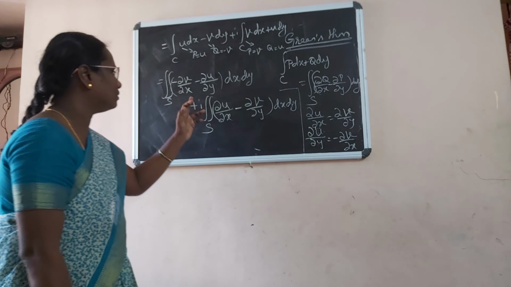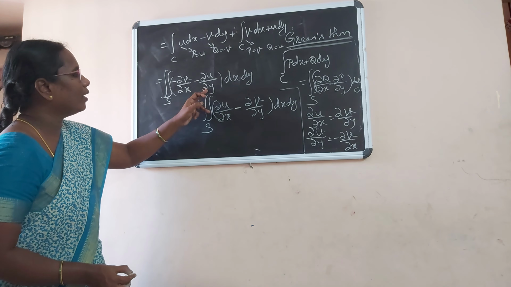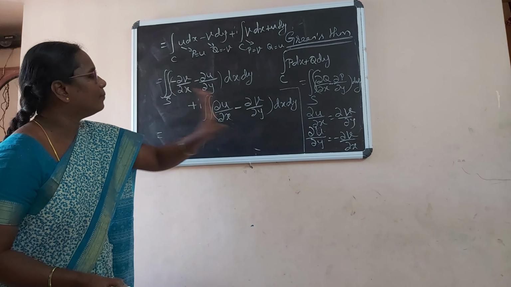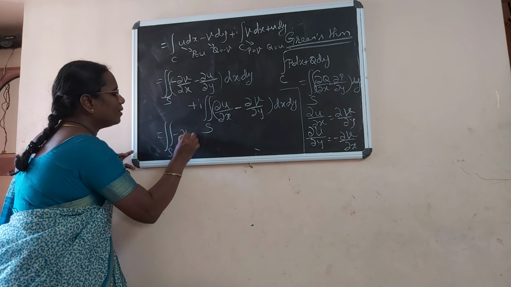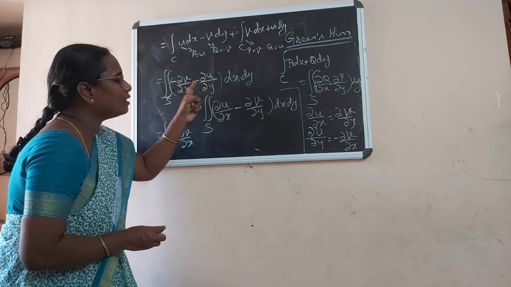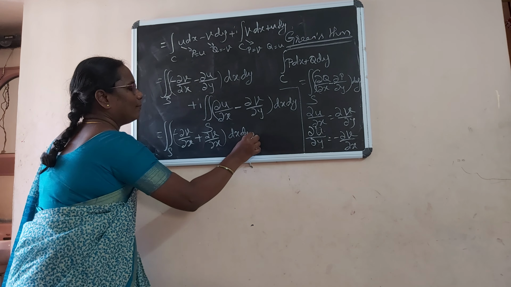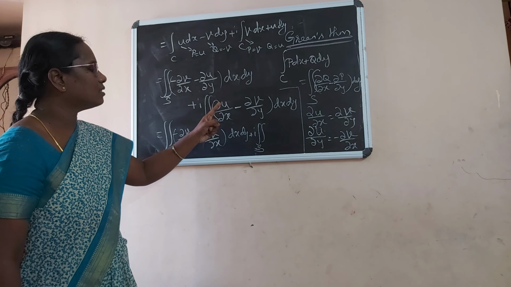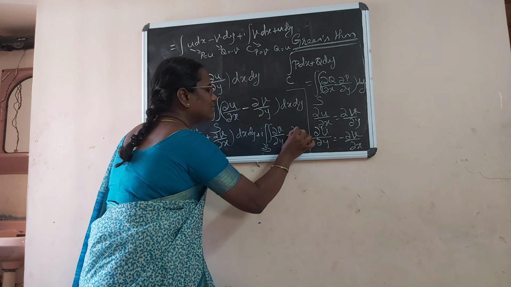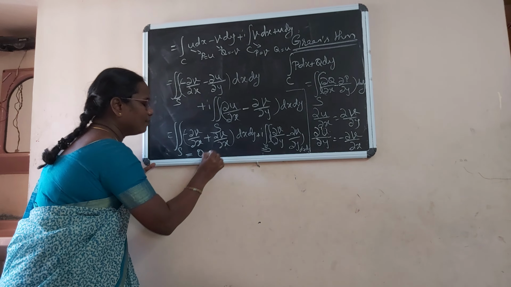In the first integral, dou u by dou y is minus dou v by dou x, and already there is a minus, so we get plus dou v by dou x, so we get the double integral over S of minus dou v by dou x plus dou v by dou x into dx dy, plus i times the double integral over S of dou u by dou x minus dou v by dou y into dx dy. Since dou u by dou x is dou v by dou y, both terms become 0.